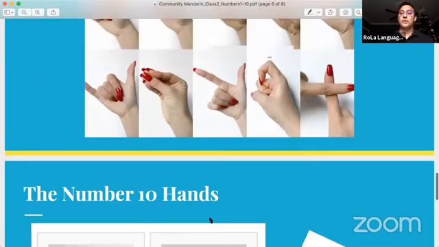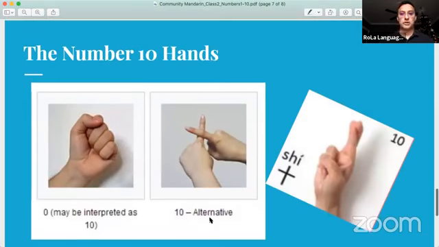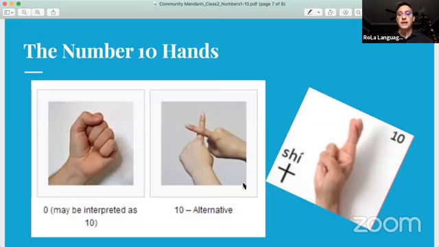Now, the frustrating part of Mandarin is that sometimes there are many ways to say the same thing. I used to ask my Chinese teachers, can you just tell me one way to say it? For example, when we learn the days of the week, there's not one system of saying the days of the week. There's about 3.